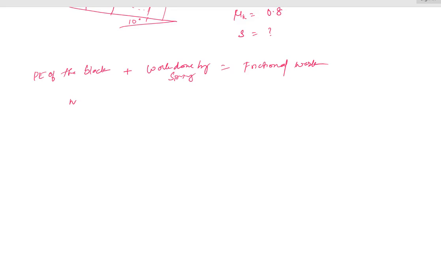So this is mgh plus half kx squared equals mu k times the reaction force times the distance.